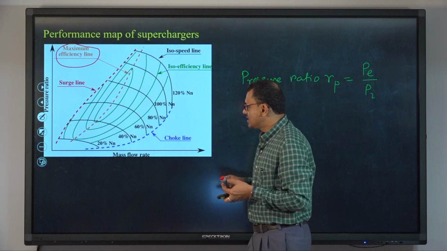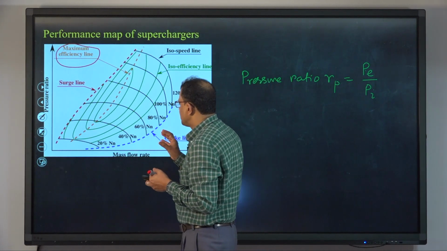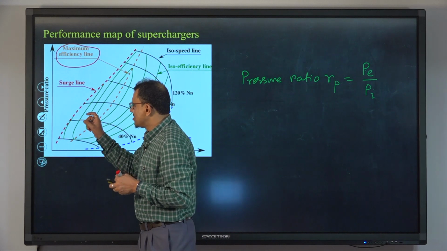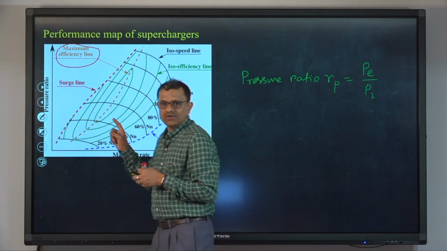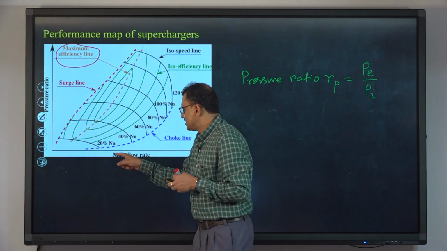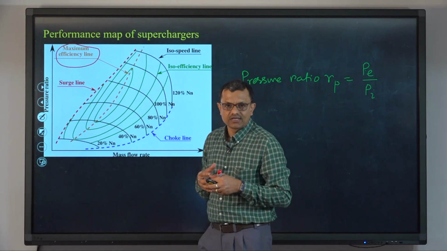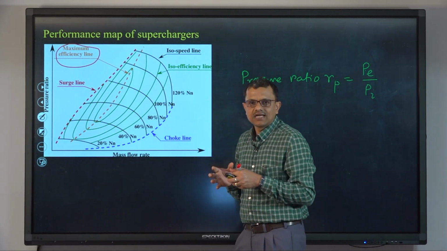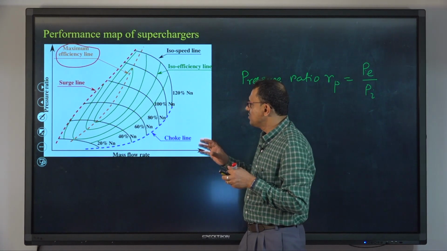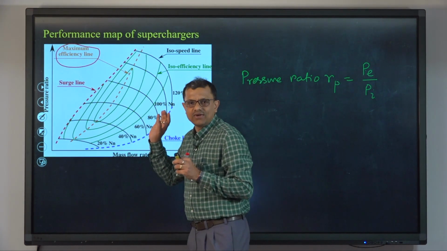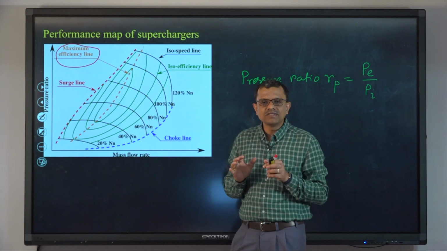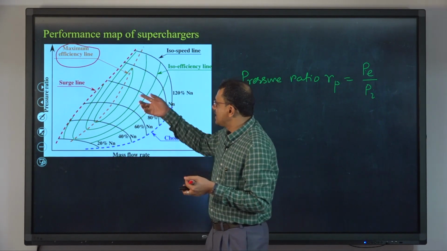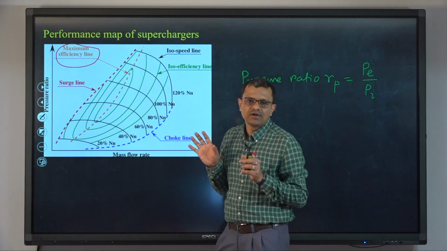Now, let me explain once again what is done. The entire objective is to obtain the pressure ratio with change in mass flow rate, and if we do this at a given speed, we will get one particular line. If we perform this task for different speeds, then we will get this map, that is, the performance map.